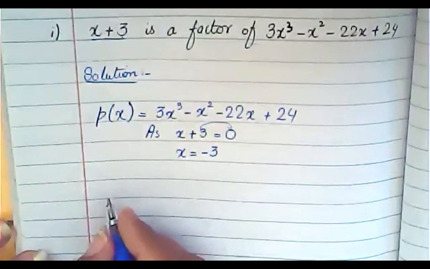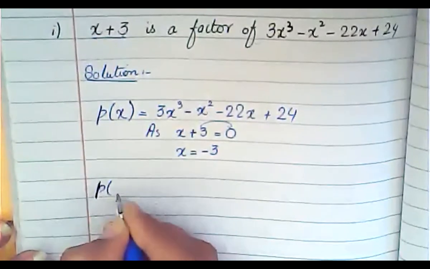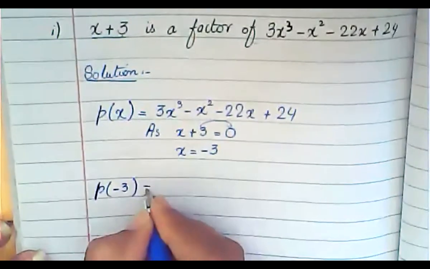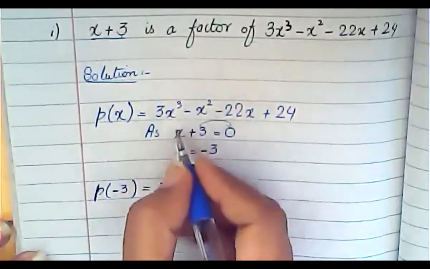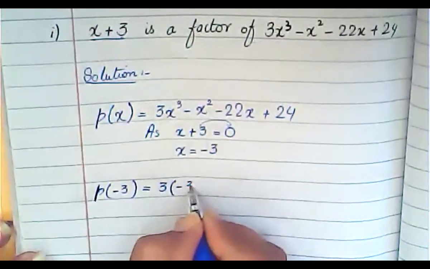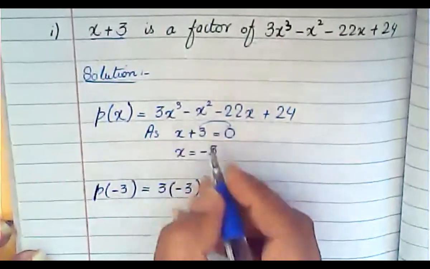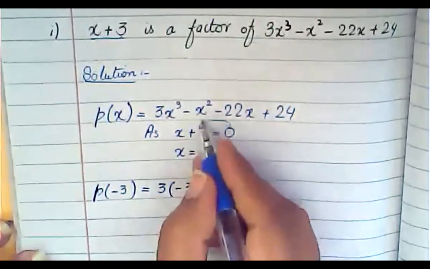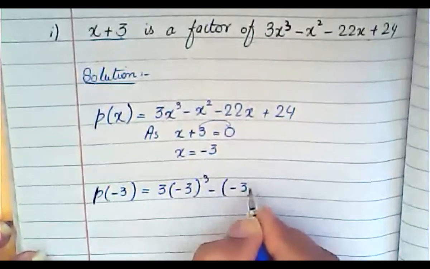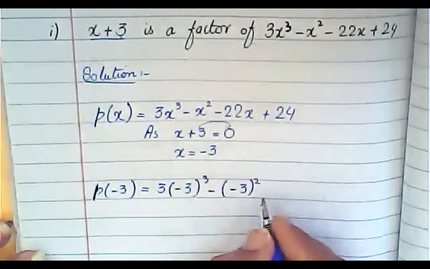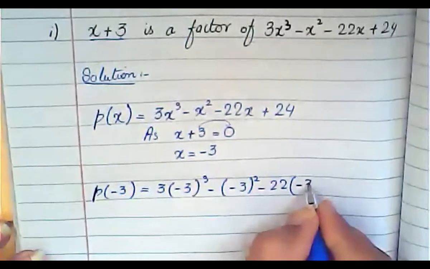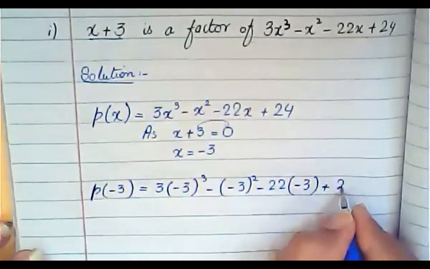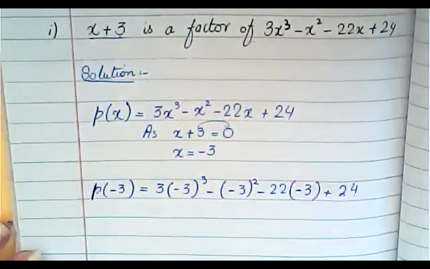Look here, you will write it down. P of minus 3 is equal to 3, which will remain the same, x cube. Instead of x, you will write minus 3, its whole cube, minus sign, then x square, instead of x, you will write minus 3 squared, minus 22, instead of x, you will write minus 3, and then plus 24, right?